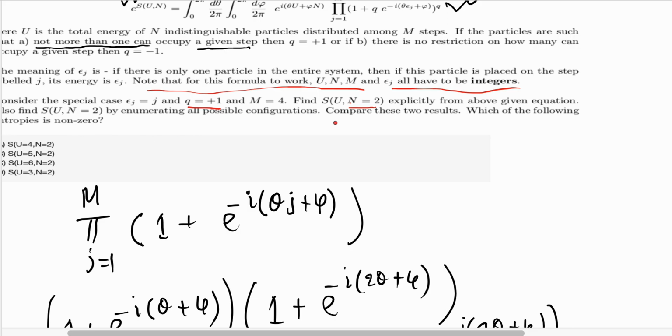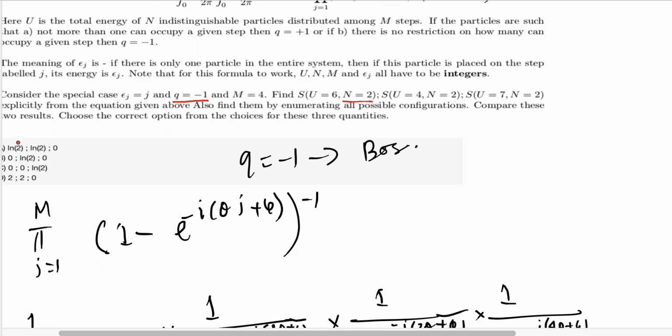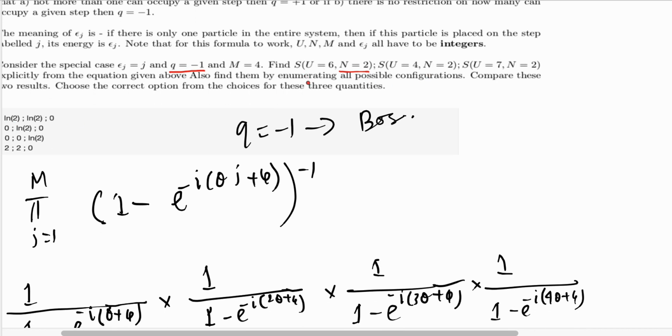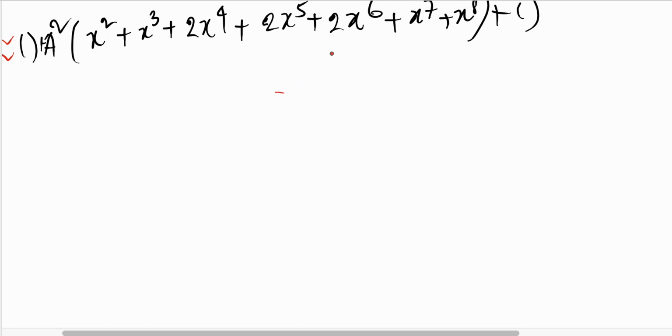Now for the previous question, I have to find the value for u equal to 6, n equal to 2. That means I have to write the coefficient of alpha 6 2.